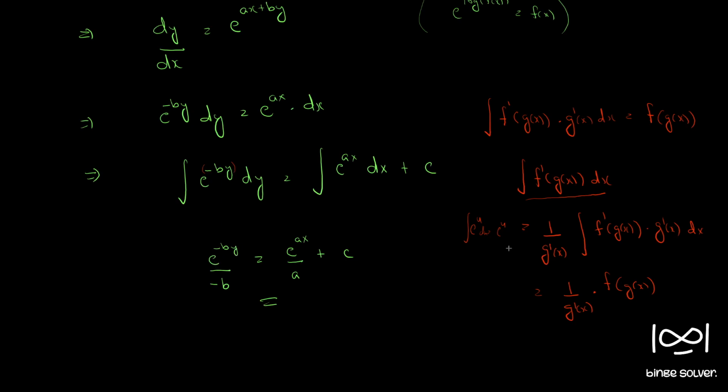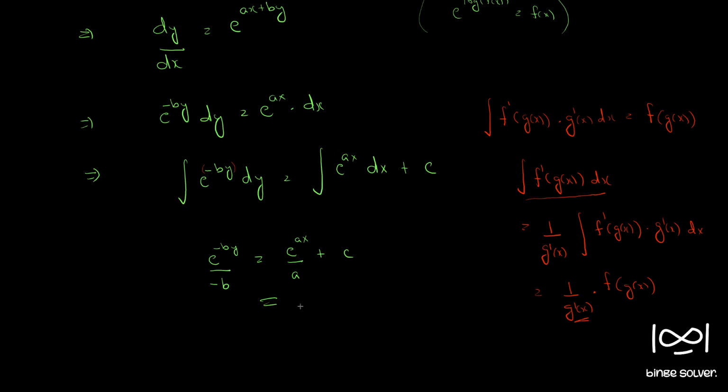So integral of e raised to minus by is e raised to minus by, and the g dash of x term comes in the denominator, so here minus b divided by minus b. Similarly, e raised to ax by a. This is what we did. So for anyone who has confusion in integrating, this is the solution.